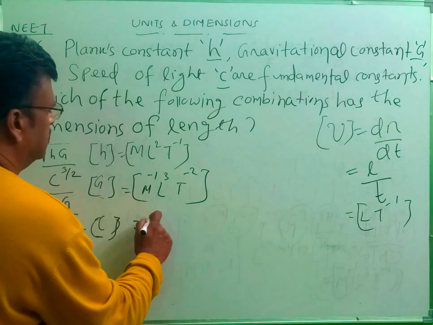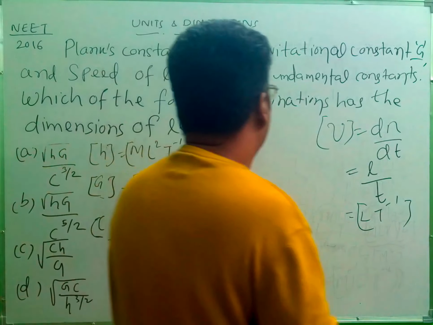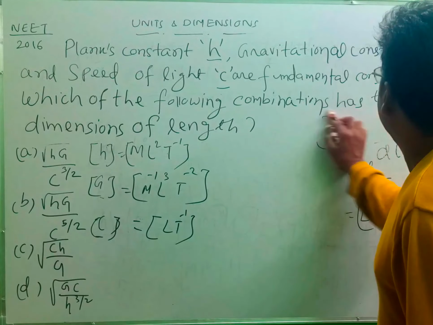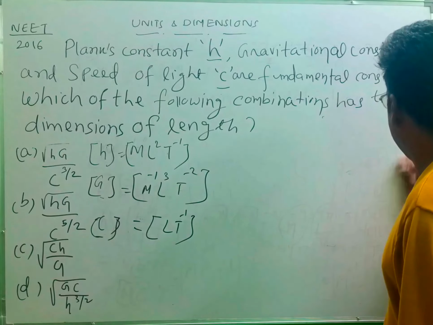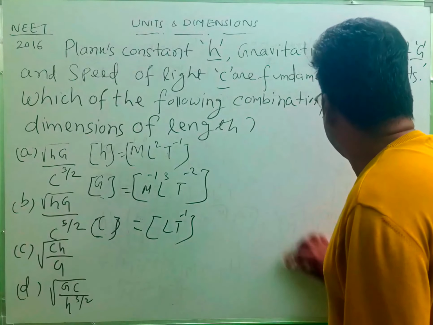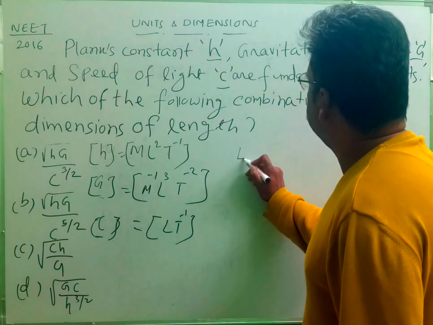Then this has dimensions LT⁻¹. Okay, students. Now the question tells that a combination of these three fundamental constants h, G, and c gives us the dimensions of length. So, students, let us write this like this.